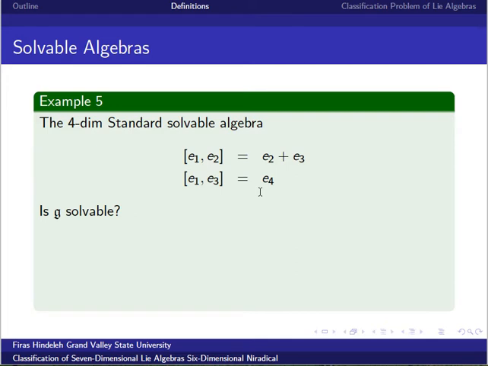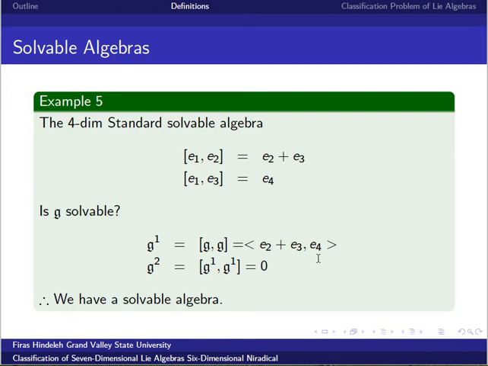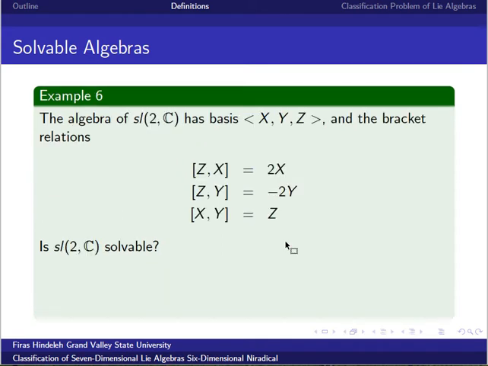So G1 is spanned by E2, E3, and E4. For the second element in the derived series, we take those elements and bracket them with themselves. But the non-zero brackets involve E1, and E1 does not appear here, so G2 is definitely going to be 0. This is called the 4-dimensional standard solvable algebra. Obviously, it is a solvable algebra.